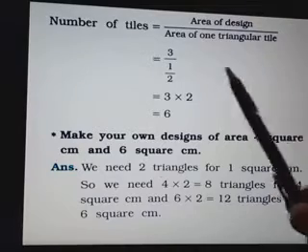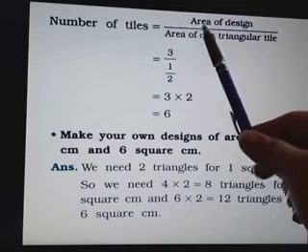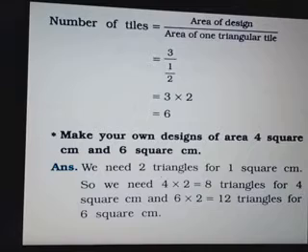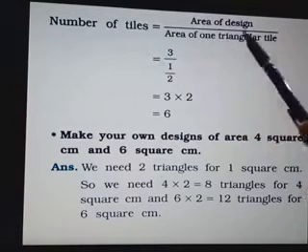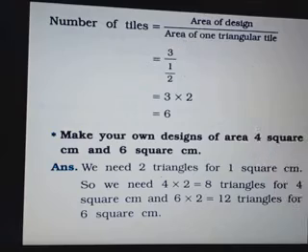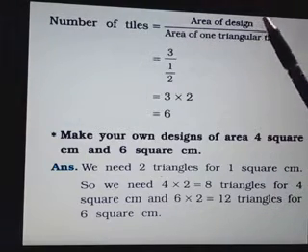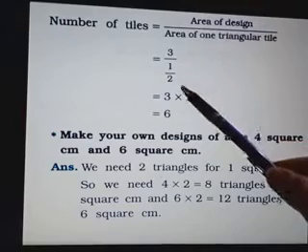Now number of tiles equal to area of design divided by area of one triangular tile. Area of design is 3 square centimeter as we have found earlier, and area of one triangular tile is 1/2.